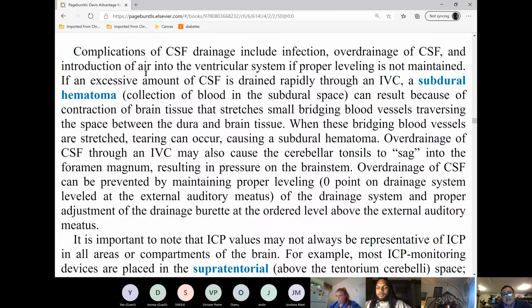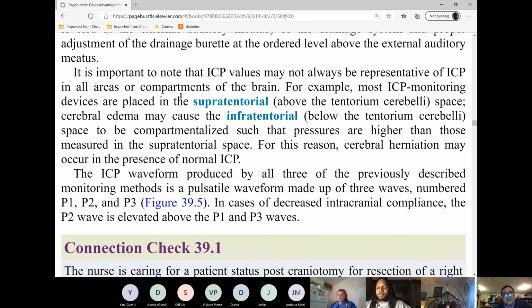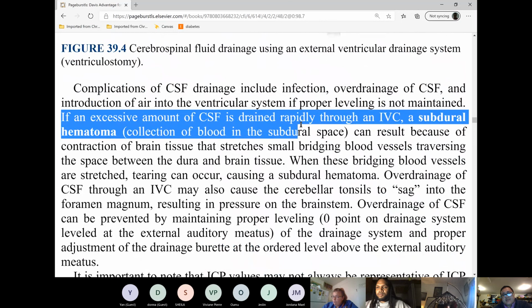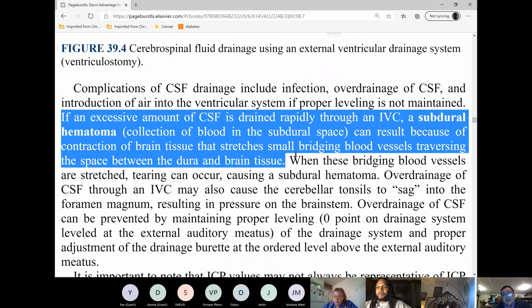We'll be talking about some injury shortly. So these are some of the problems that may occur. If an excessive amount of CSF is drained rapidly through an IVC, a subdural hematoma can result. So just be careful about how much you drain at a time.